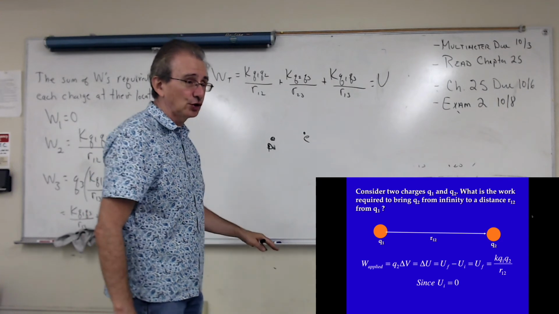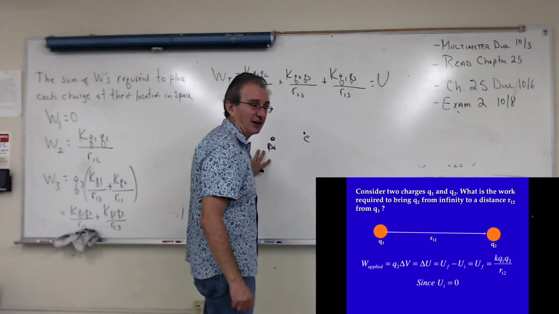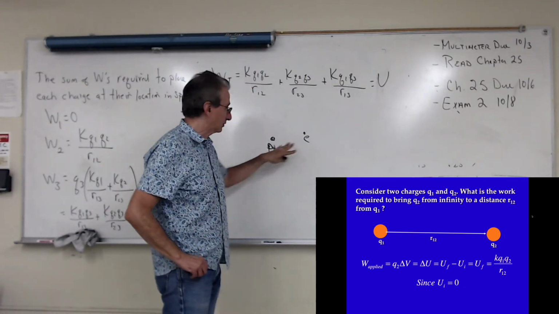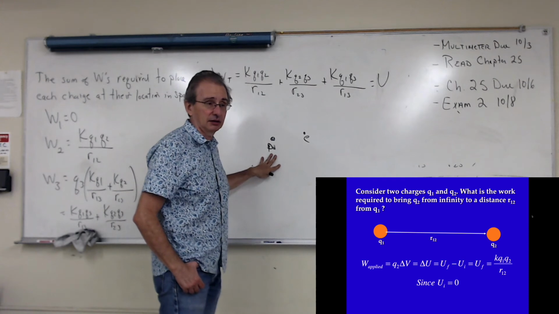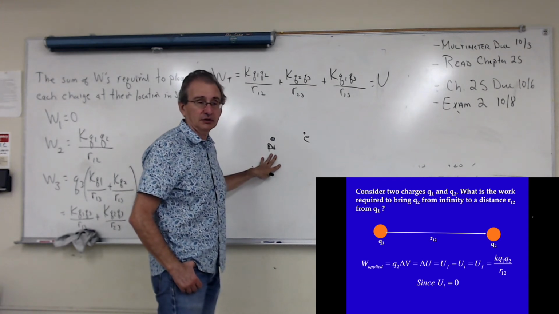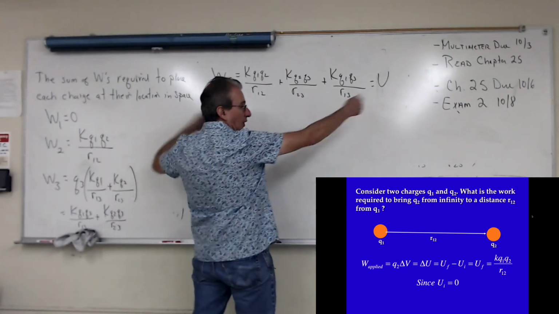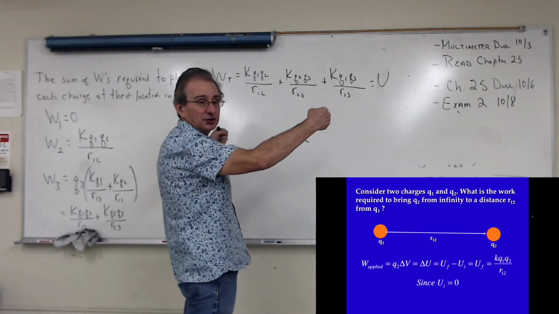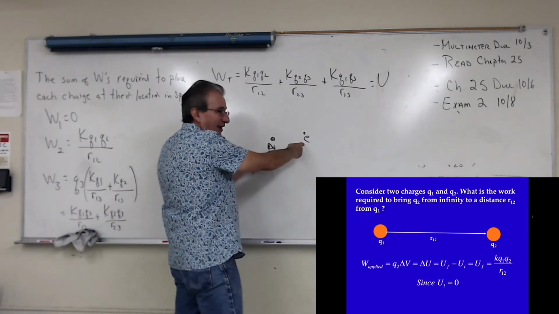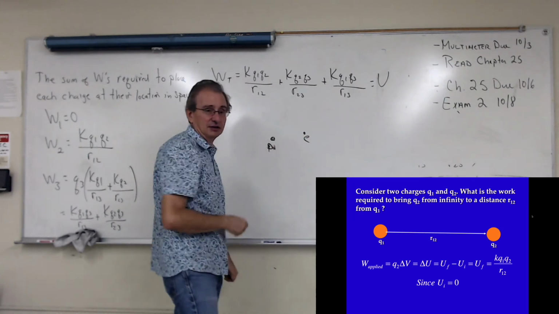If you look at U, the potential energy for any atom, when the electrons are bound to the atom, it's going to be negative. Because if it was positive, then these things would want to fly apart, because I'd have to push them together to arrange them in this configuration.